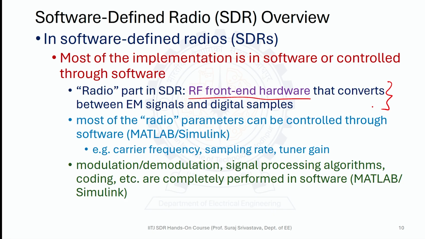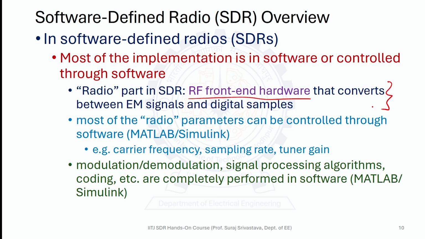This is about the radio part, but if you look at the other components, for example, modulation, demodulation, channel coding and various other signal processing algorithms, they are completely implemented in software. That means you have a lot of flexibility. Today you want to design a system for Wi-Fi, the same software defined radio can work for a Wi-Fi system.